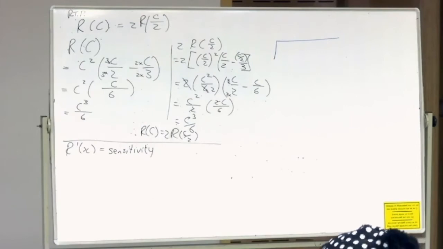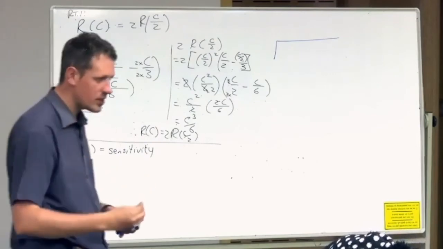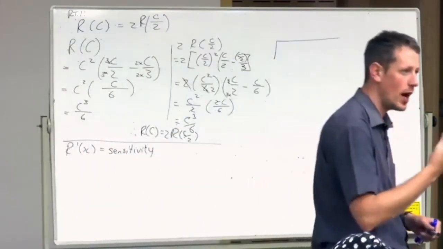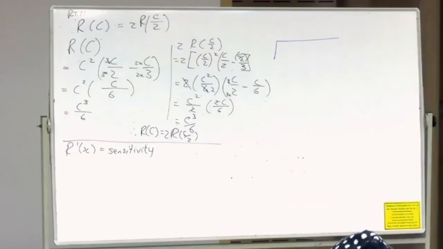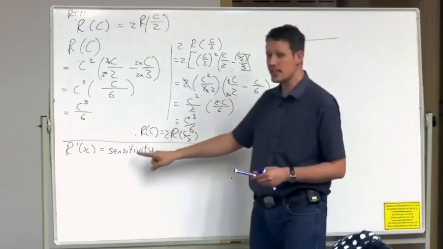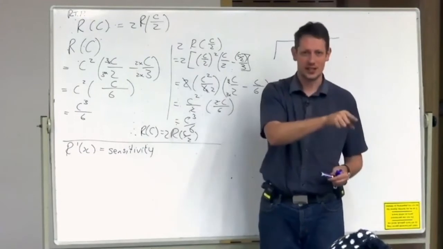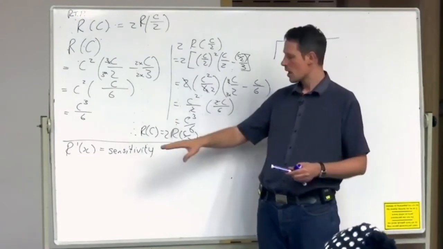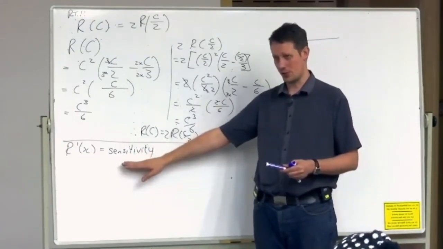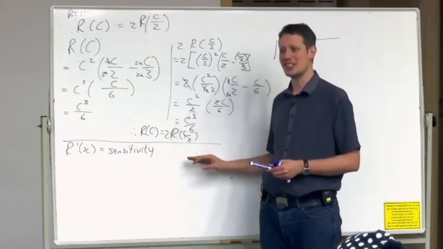Okay, so now the moment I think about maximum, what am I thinking about? How do I determine a maximum? Derivative. But now be careful. They're asking you, when is the sensitivity maximized? So I've got to take this expression and derive it again.